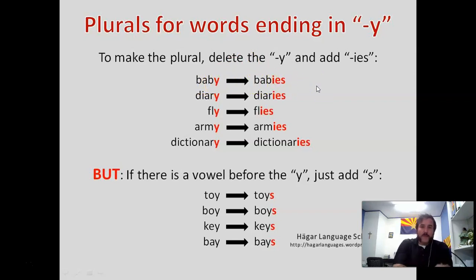However, if you remember our English units from way back when, you don't do that with every single word that ends with Y. Look down here. These are more common words.